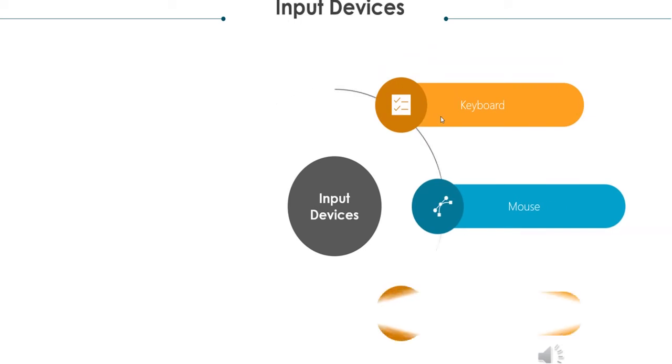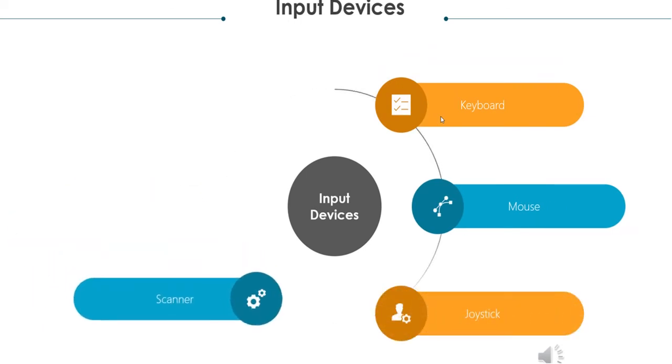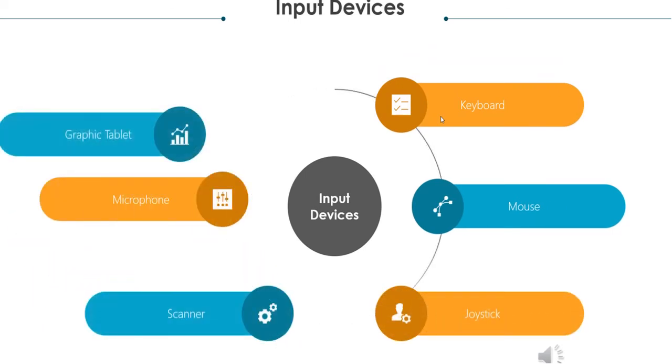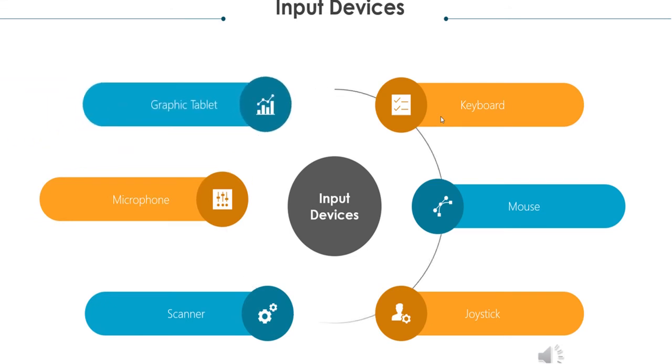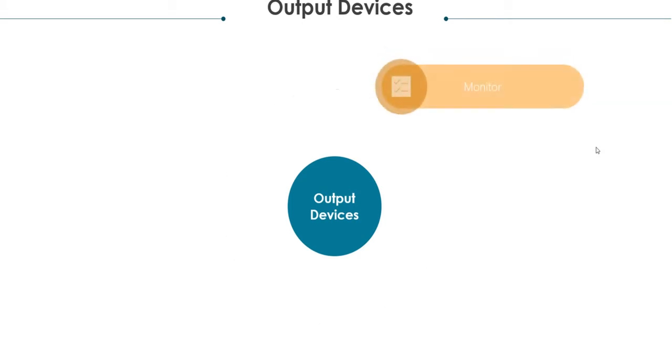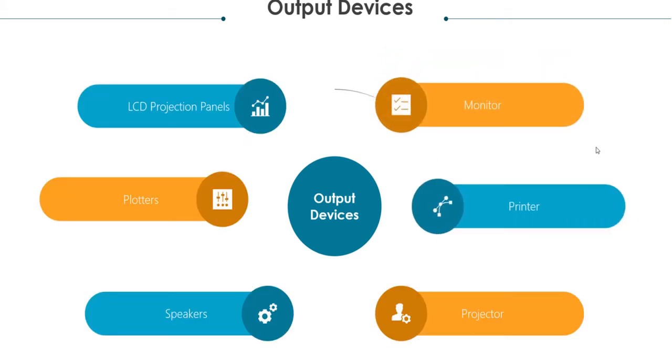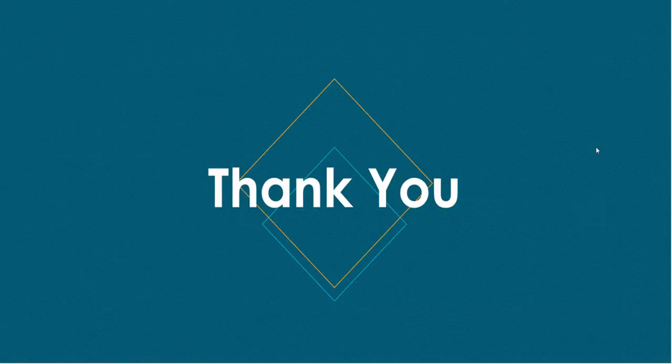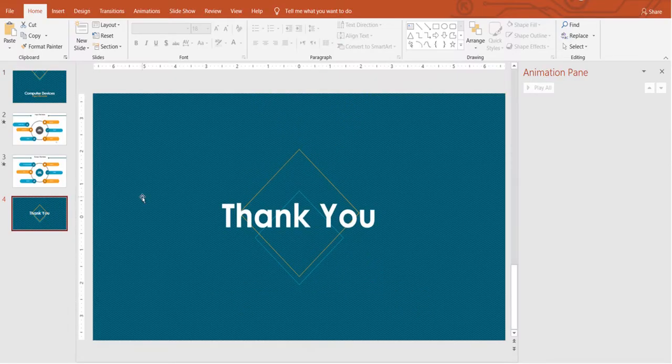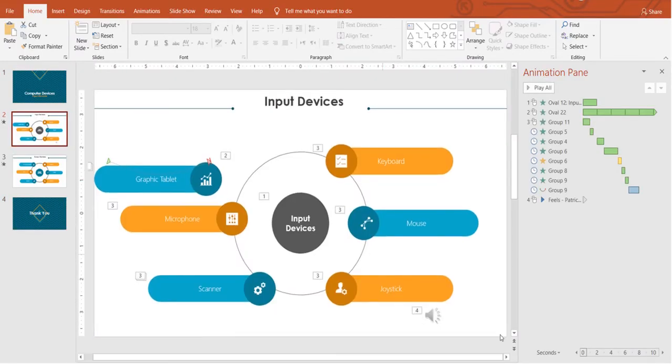If it was set to automatic, it would have started playing as soon as my slide deck started. Now you can see that I've moved on to a different slide, and it's still playing. So that was a small demo of this.